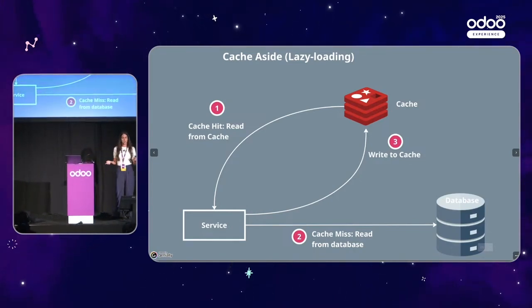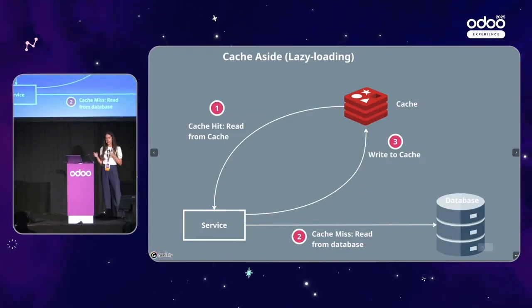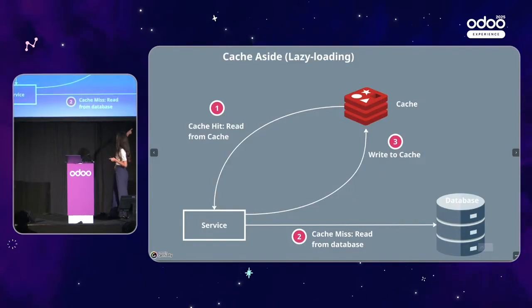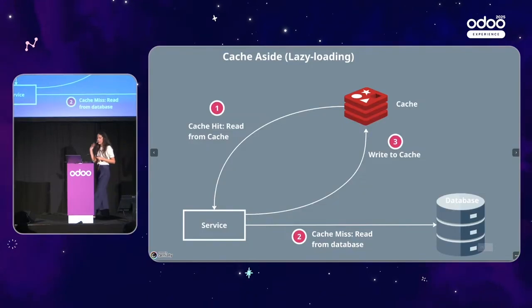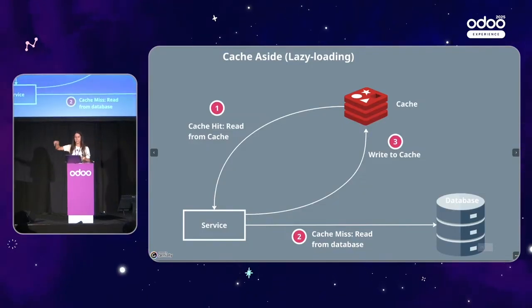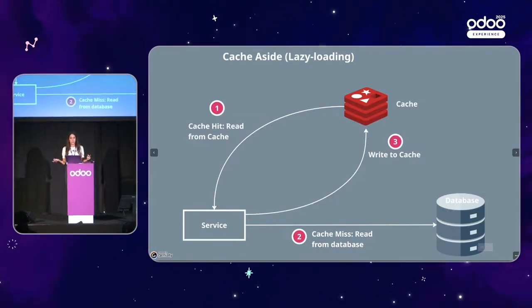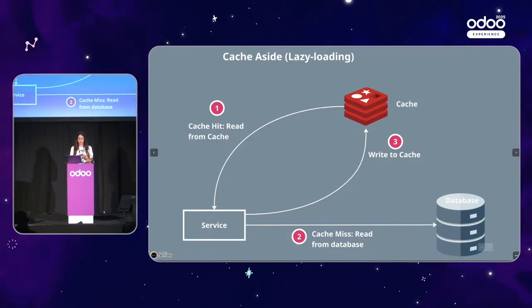If we have it available, we return it straight away. However, if we don't have it cached, we go to the database and get the data, but instead of just returning it, we save it into cache, so the next time we want to use it, we have it available.